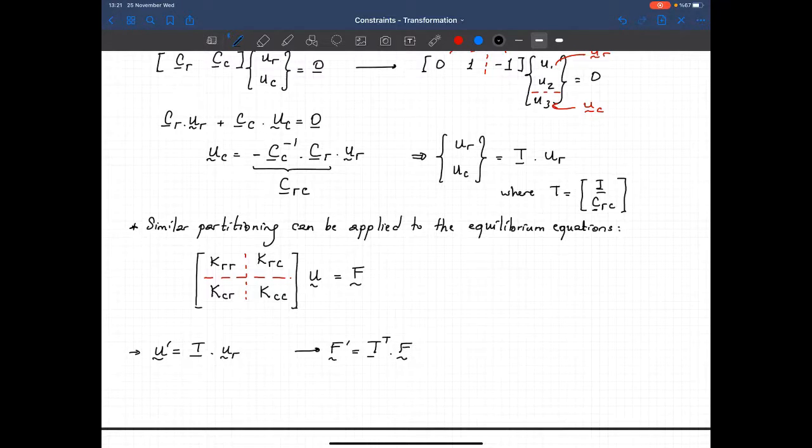Okay. And since we have the following relationships, remember our rotation matrix derivation, the constraint stiffness matrix will then be equal to T transpose multiplied by K multiplied by T. Okay, that's the constraint stiffness matrix.